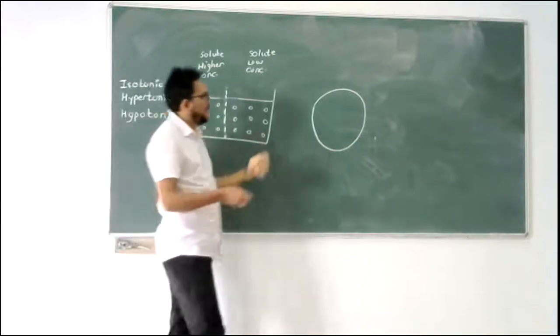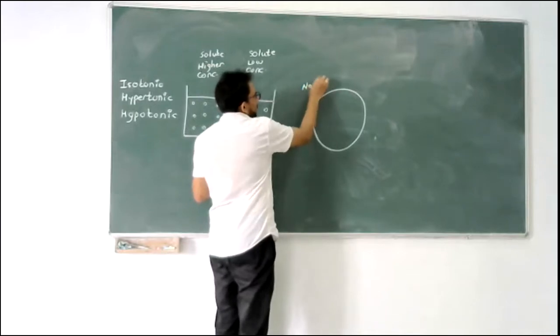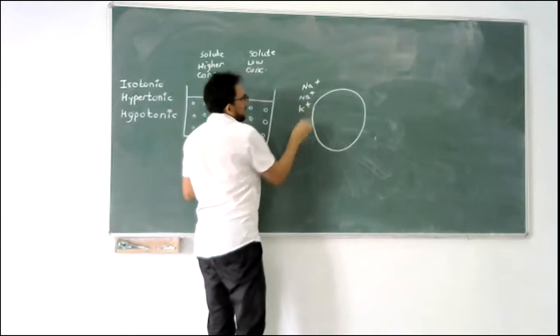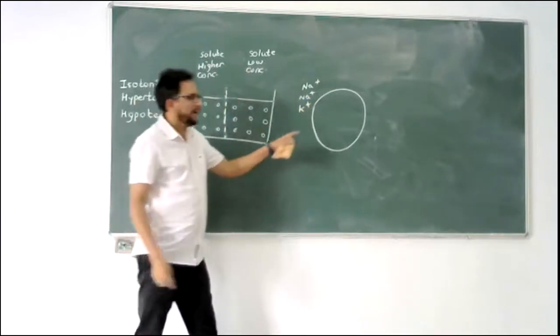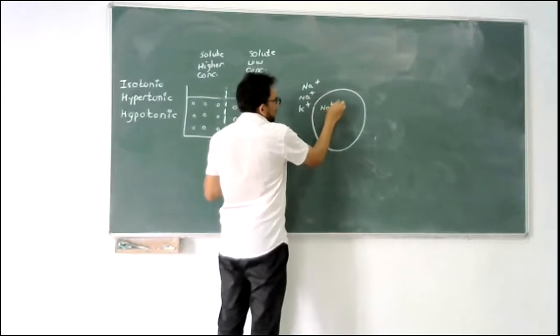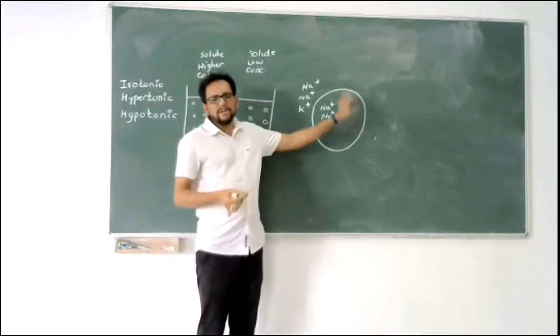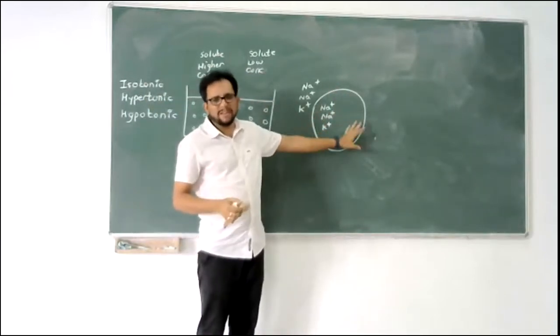Now let's go to the cell. Let's say, for example, outside of the cell you have 2 sodium molecules and 1 potassium molecule, right? And inside of the cell also, in the cytoplasm, you have 2 sodium molecules and 1 potassium molecule. Again, the nucleus and cell organelles will always be there.